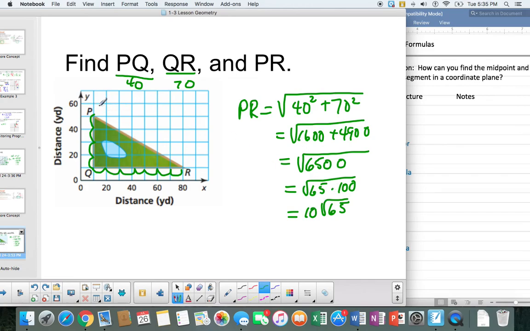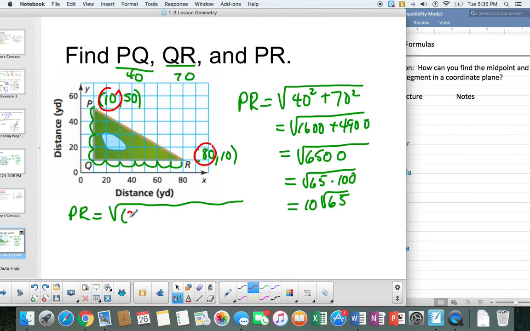The other way to do it is with points. This point is 10, 50, and this point is 80, 10. And you can actually find the distance using the distance formula. So I would take away the two x's.